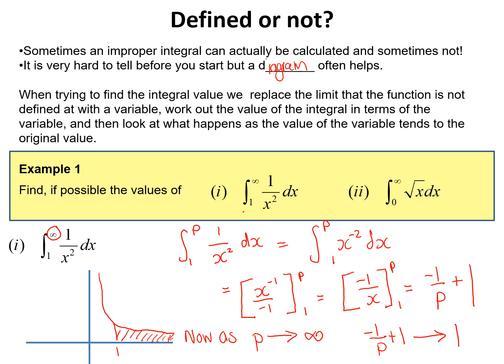It's a very small area, but it'll eventually add up to 1. Infinities, obviously, we can't put infinity on. And the 1 over x squared graph looks like that, but we're not interested in that because there's only 1 to infinity. But it's not the limit this time, it's the area. It'll tend towards 1.